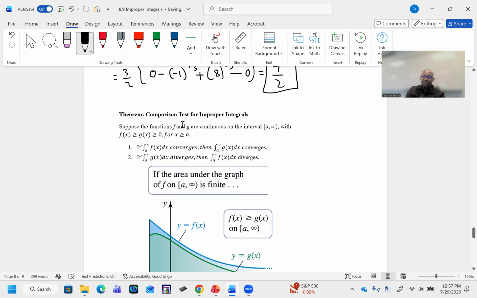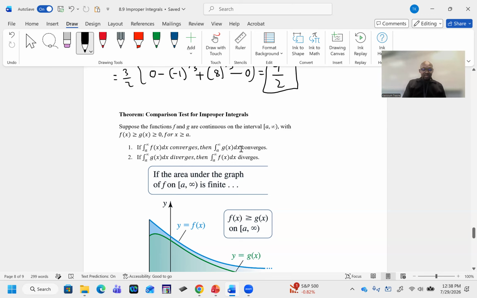Theorem: we have comparison tests for improper integrals. This is used sometimes to check if the integral diverges or converges. Suppose the functions f and g are continuous on the interval a to b with f of x greater than or equal to g of x, which is greater than or equal to 0 for x greater than or equal to a.